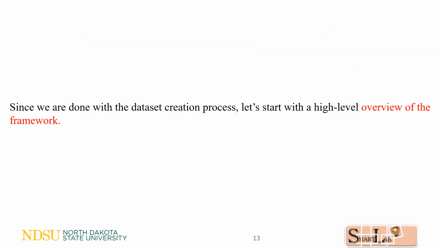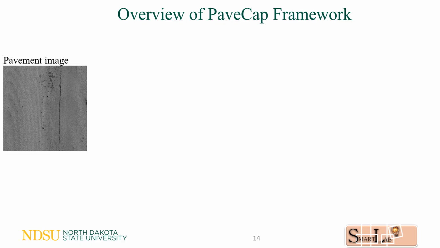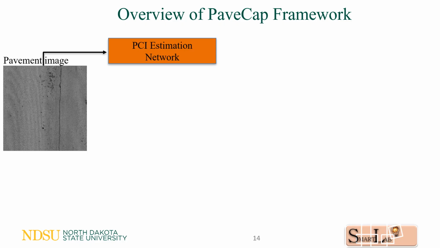Since we are done with the dataset creation, let's start with the overview of the framework. So this is the overview of our PaveCap framework. You have the pavement image, which goes through our PCI estimation network, which estimates the PCI.